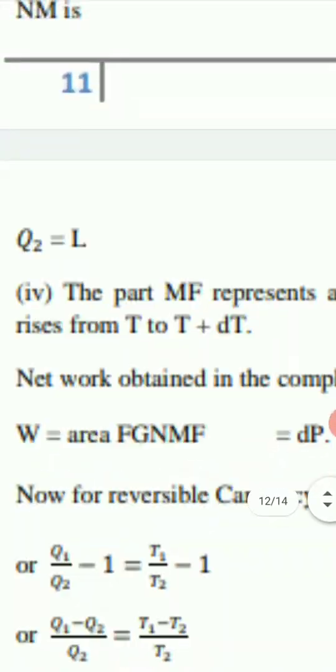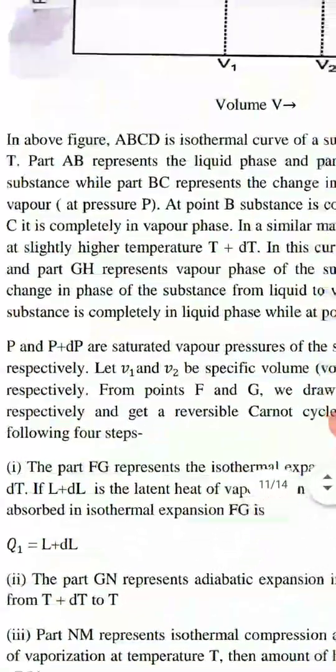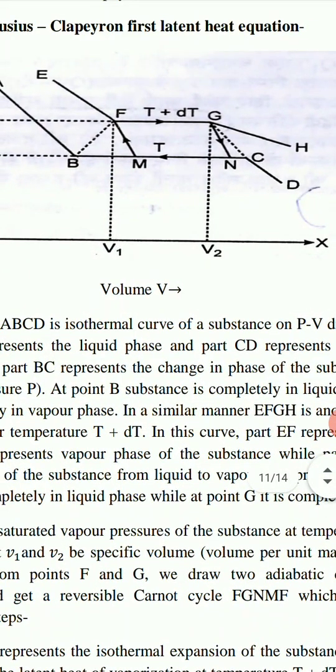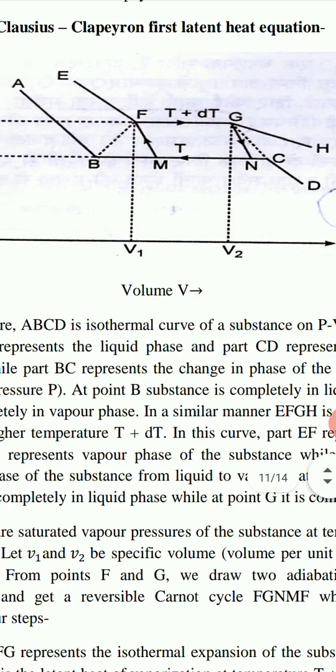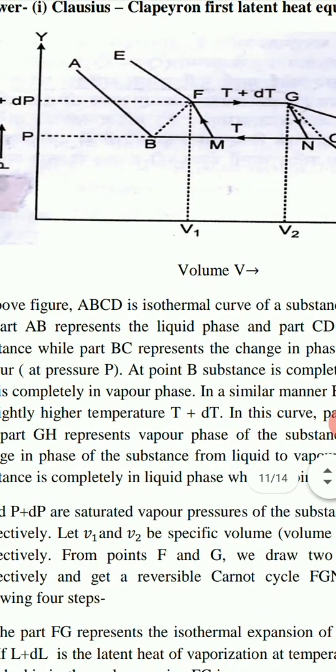In this Carnot cycle FGNMF, net work done will be equal to the area enclosed by this closed curve, and area enclosed by this Carnot cycle is equal to dP into V2 minus V1.